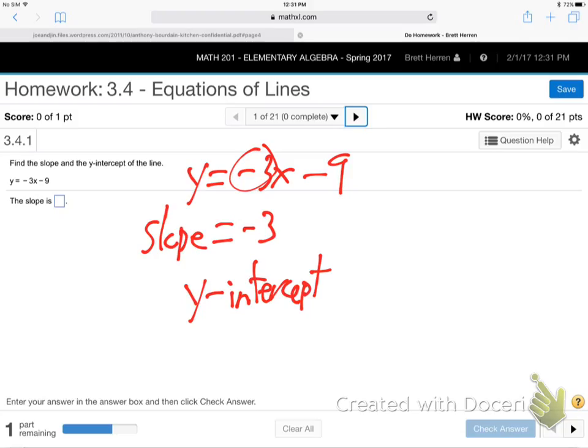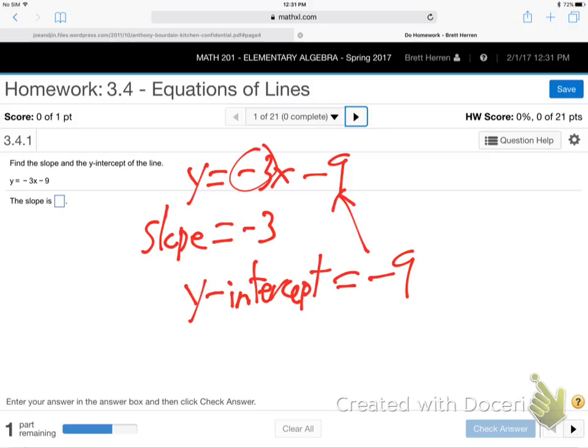Yeah, it's not the x, it's just the number next to x. The slope is just the negative 3, right? Remember, when y already is alone, slope is just the number next to x. So slope's just negative 3. What's the y-intercept? Yeah, it's just that other number. That's all they want us to do on this one.